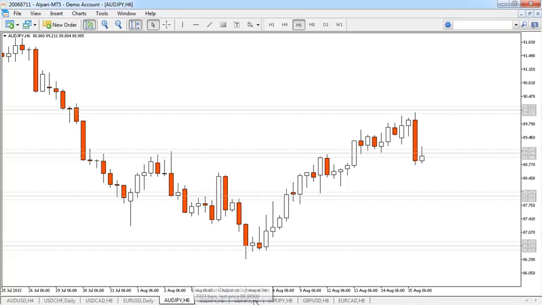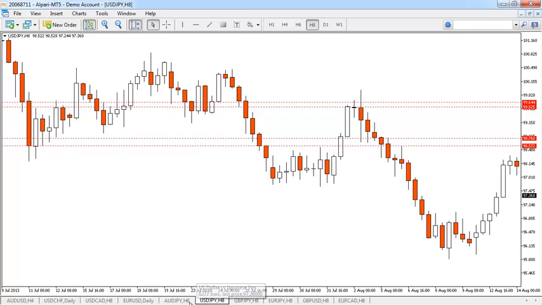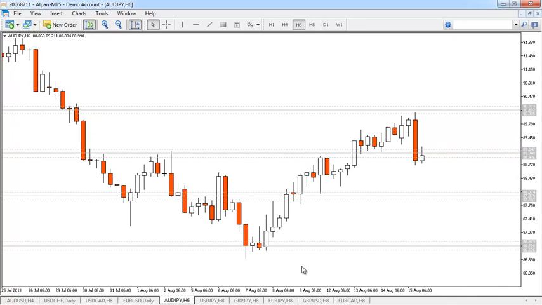I only have them here because there's a lot of people in the advanced course trading a bunch of different pairs, and they'll ask me, "Hey Nick, I'm taking a trade on Euro CAD. Can you check it out?" "Hey Nick, I'm taking a trade on AUD JPY. Can you check it out?" And I check it out for them, and that's why I have so many charts open down here.